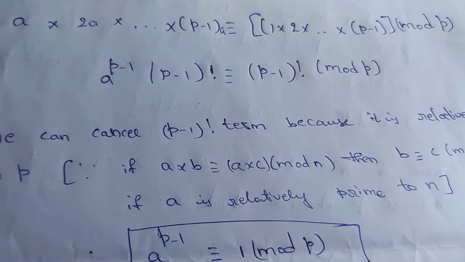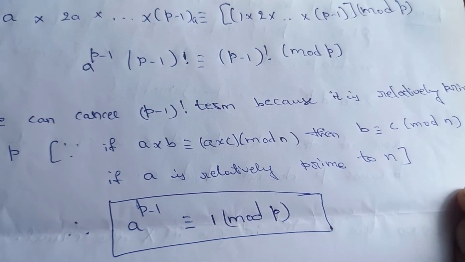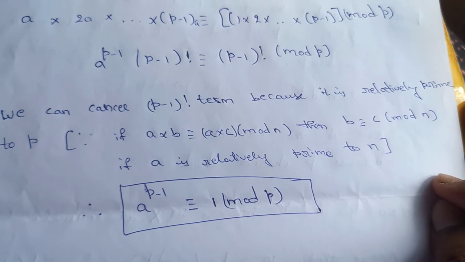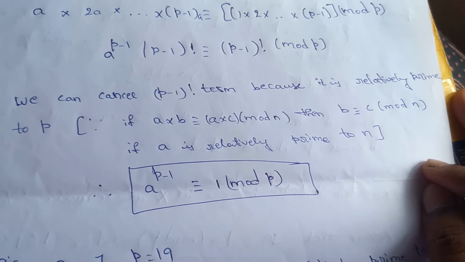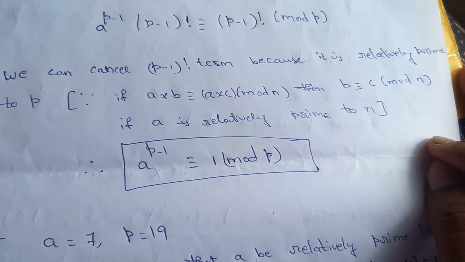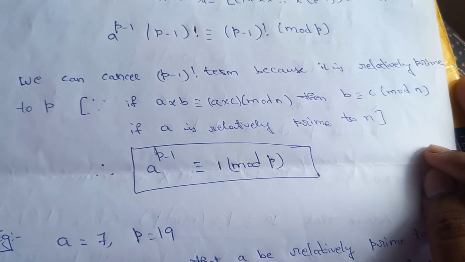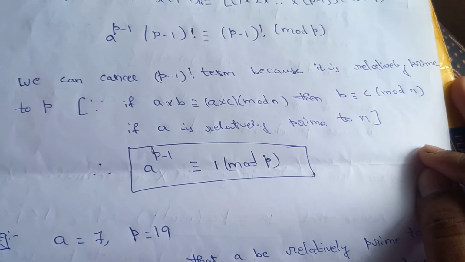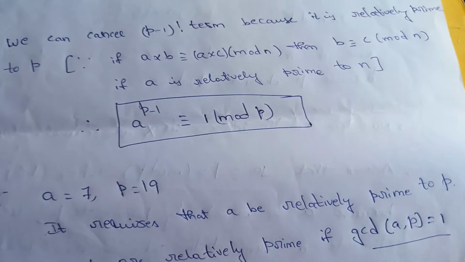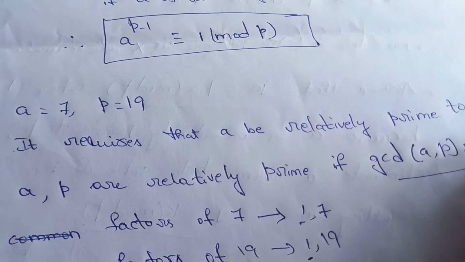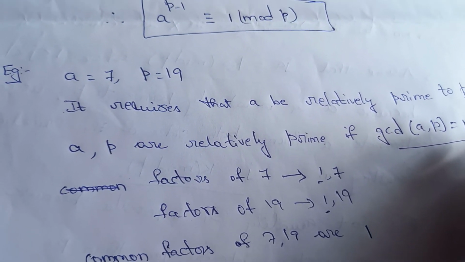Here also it is the same: if p minus 1 factorial is relatively prime to p, then we can cancel p minus 1 factorial on both sides. So finally, by cancelling p minus 1 factorial on both sides, we get a to the power p minus 1 equivalent to 1 mod p. Now, look at the example here.